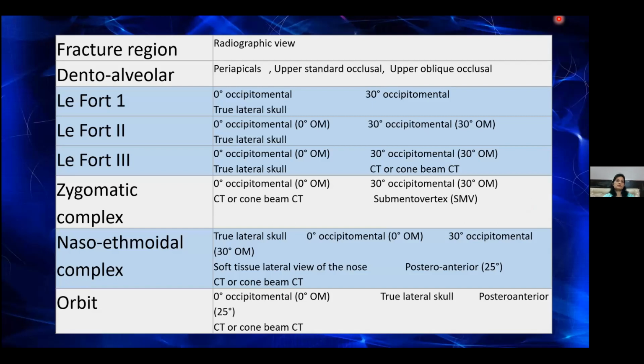So this is dentoalveolar. For Le Fort fractures we will go for occipitomental views. What is the other name for occipitomental views? Waters view, or paranasal sinus views. Le Fort fractures, I told you, Waters view. For zygomatic complex fractures you can go for occipitomental at 30 degrees or submental vertex also. For nasoethmoidal complex, occipitomental again, Waters.